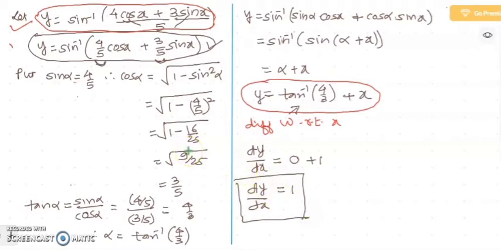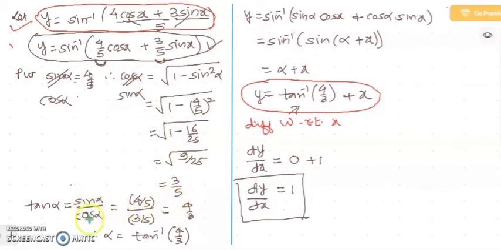Now, I'll talk about the choice of sine alpha here. Had I chosen this 4 by 5 as cos alpha, suppose I had chosen this as cos alpha, then I would have found this as sine alpha.